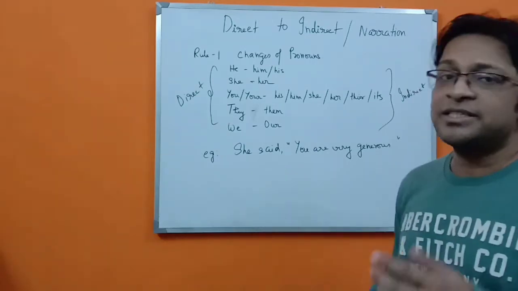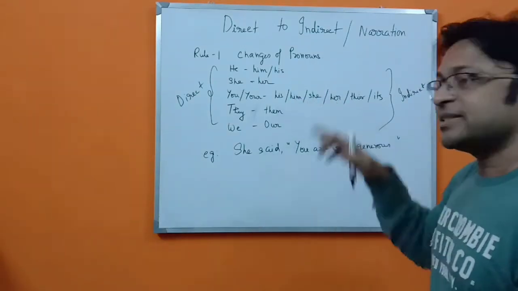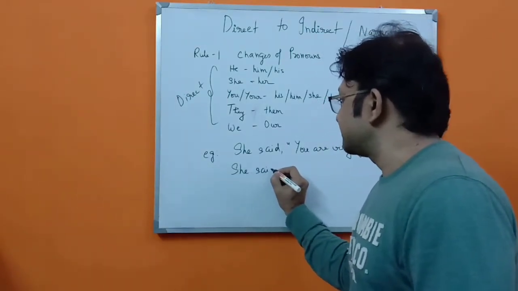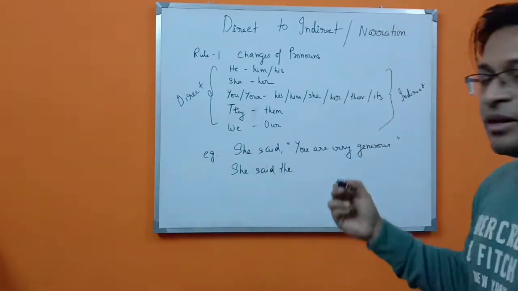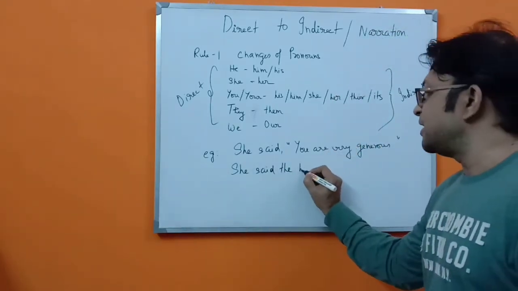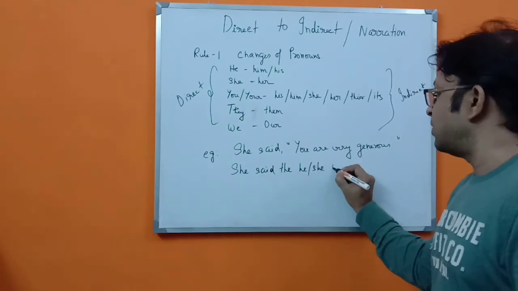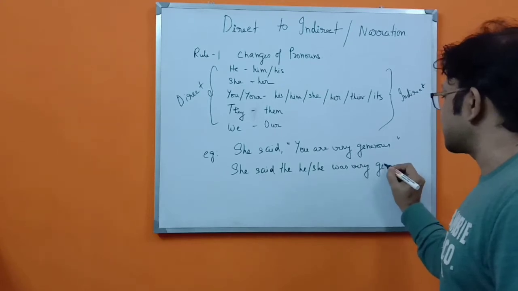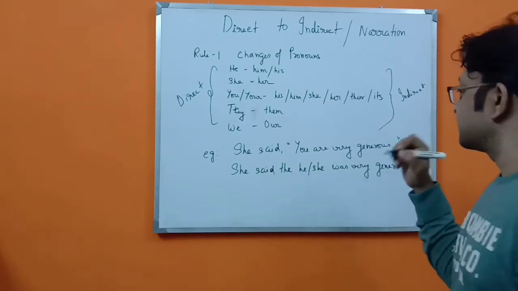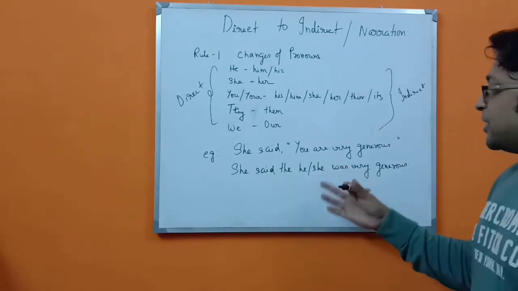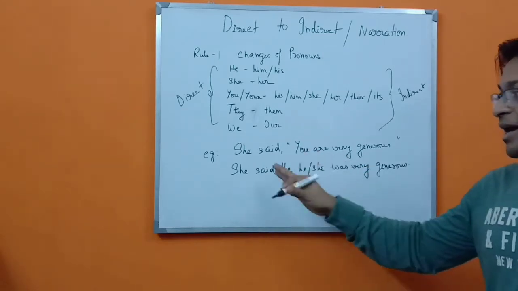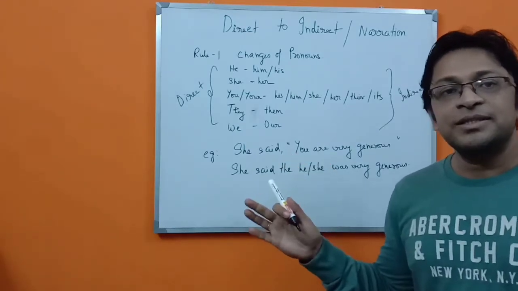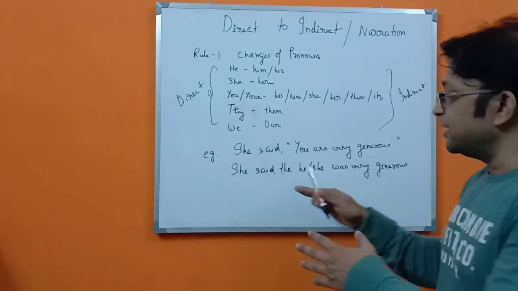So in this sentence, you can put any of these. Suppose I change it: she said that he or she was very generous. You can use anything here because you cannot determine by looking at this pronoun what this you symbolizes.